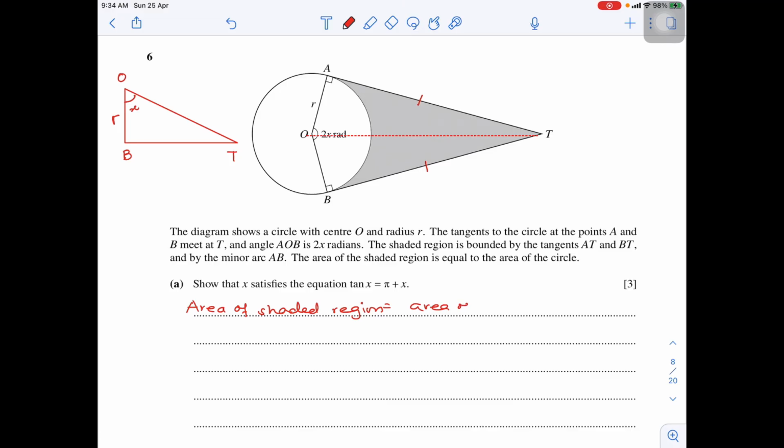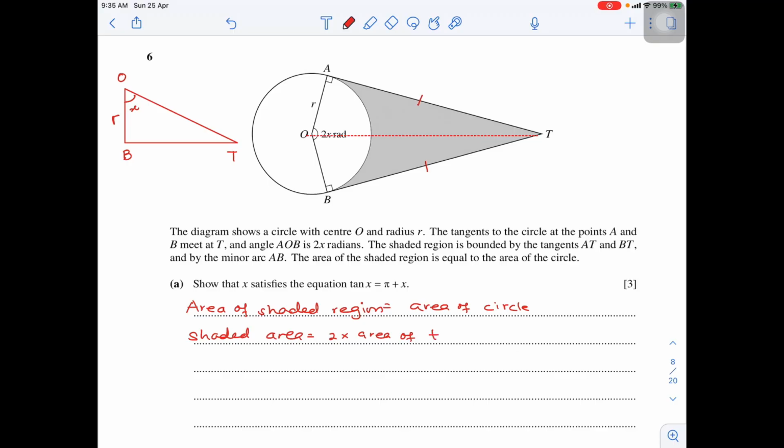So the area of the shaded region: it says the area of the shaded region is equal to the area of the circle. That's what I'm using. All right.